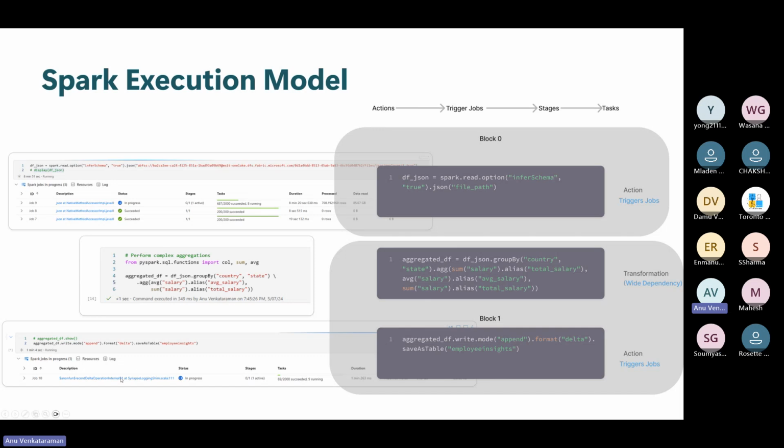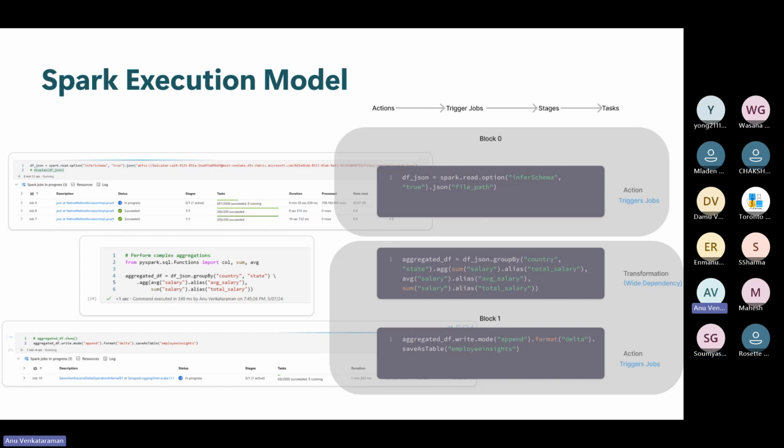What I mean by physical plan is, when I submit this code to the driver, in Spark there is a concept called transformation and action. A transformation is something like a group by. Transformations are lazy, so they won't kick in until an action is triggered.